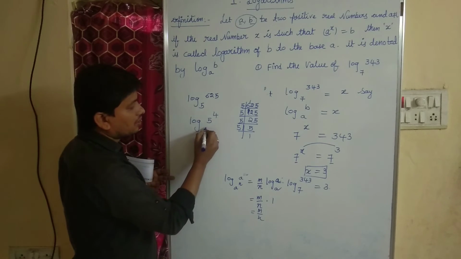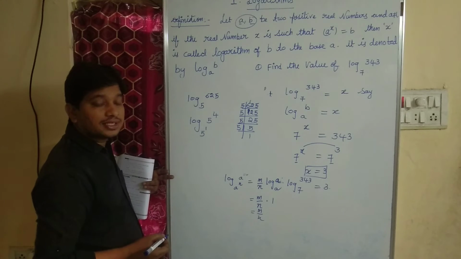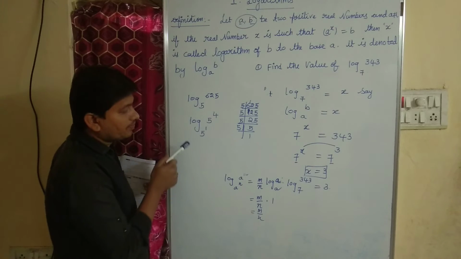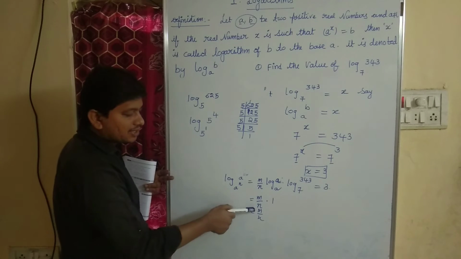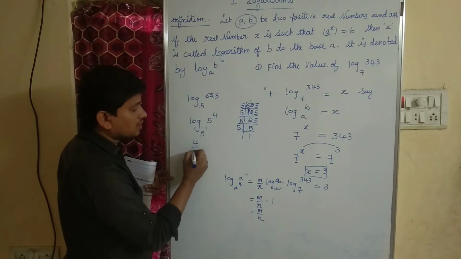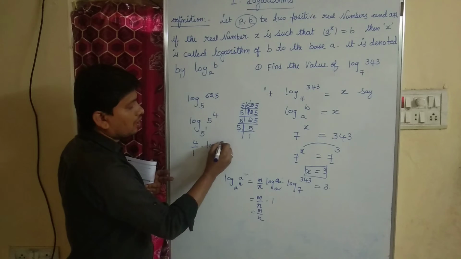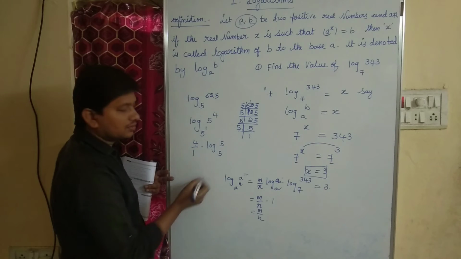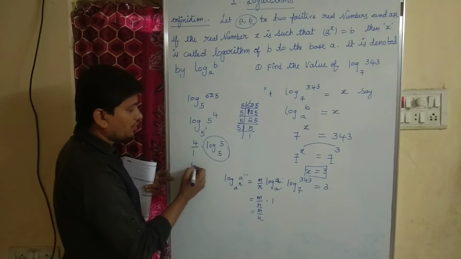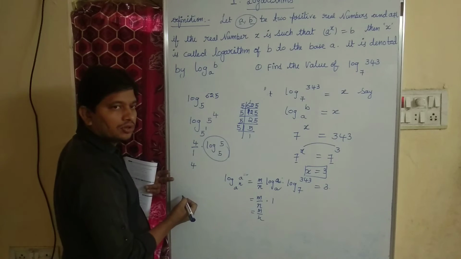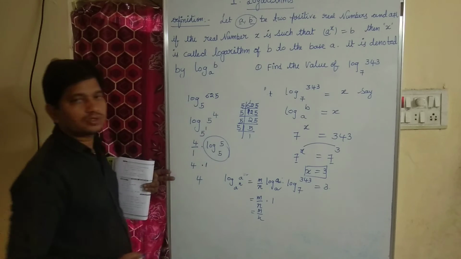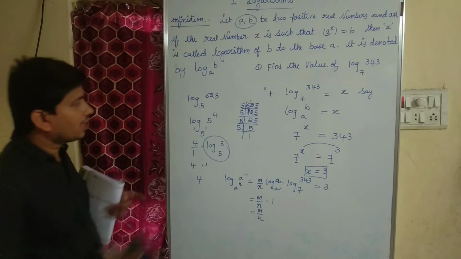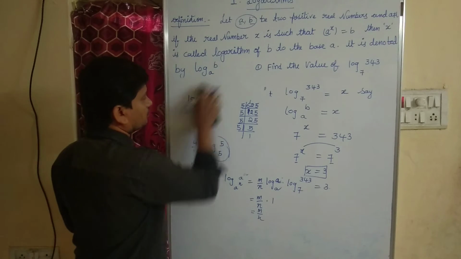Again, if you observe, this is in the form of log a to the power m to the base a to the power n, which I can write as m by n. Here I can write 4 by 2 into log 5 to the base 5. The logarithm of any number to the same base is 1. So 4 by 2 into 1 is equal to 2. Okay. Now coming to one more problem.